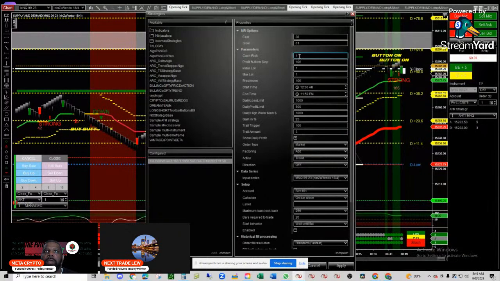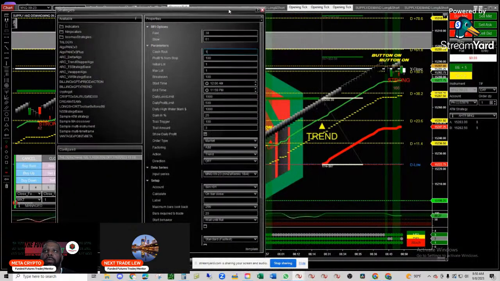So cash risk, keep it at $1, so it only takes 1 contract. I'm looking to go golden ratio target. This is not 1-to-1. This is 62% of this. From here to there, 62% of that is 107 ticks, which is $53.50.